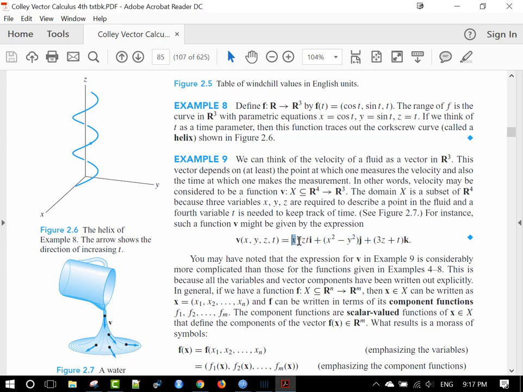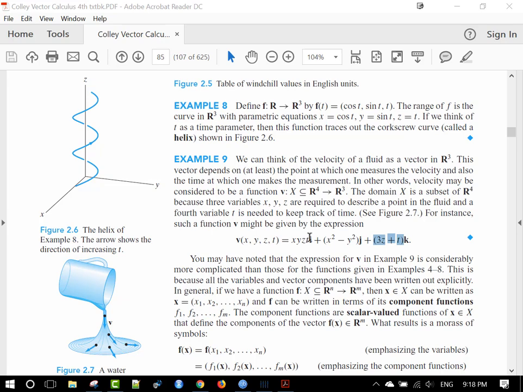Okay, now we're going to call this part the ith component of the output. And we're going to call this part the jth component of the output. And we're going to call this part the kth component of the output. And you can see that each one of these is a function. This is a function, this is a function, and this is a function.